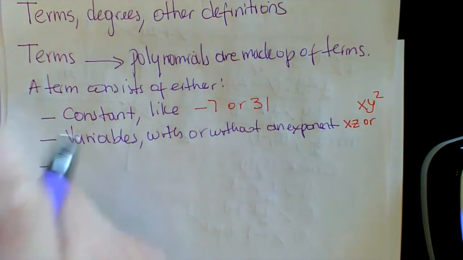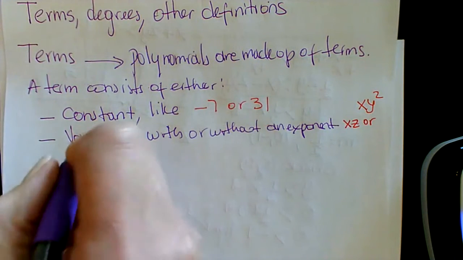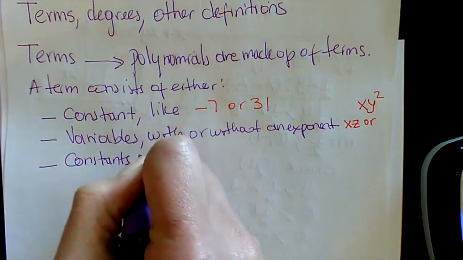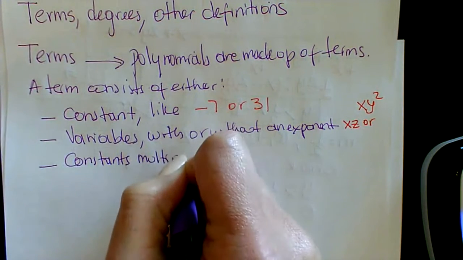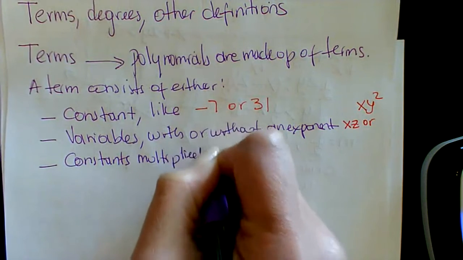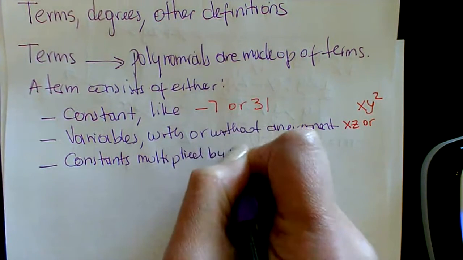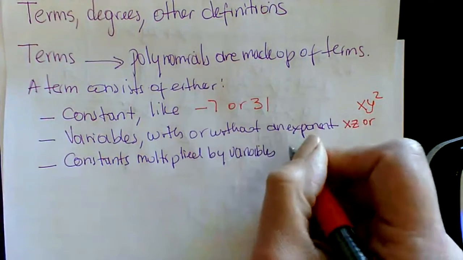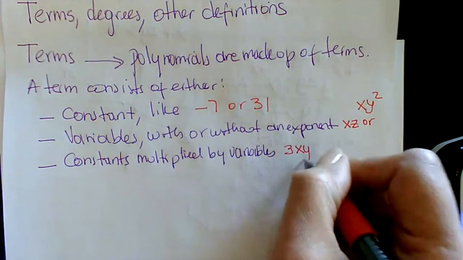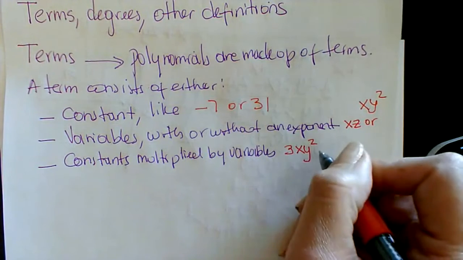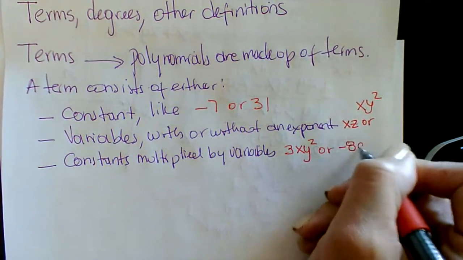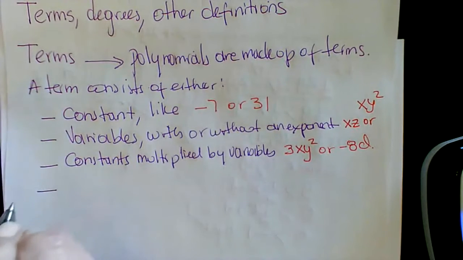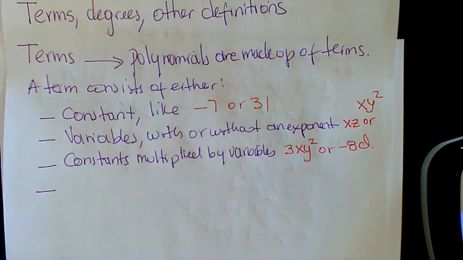Now, constants multiplied by variables, and that would be, we do 3xy to the second power, or negative a times d, and variables divided by a constant.